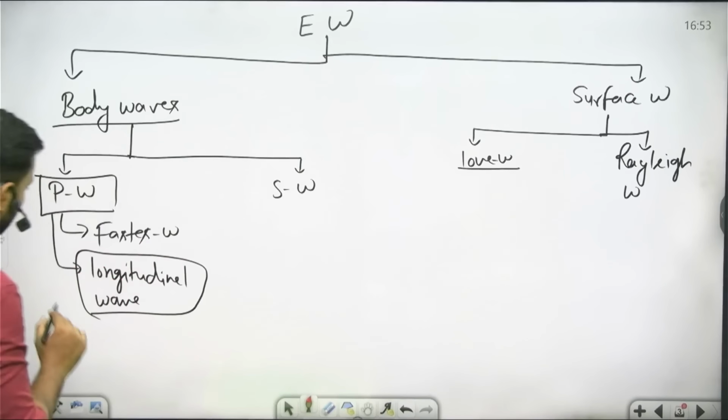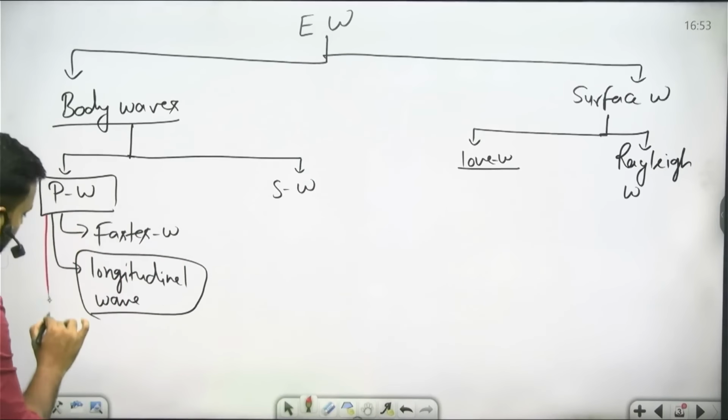So the property here is that the P wave behaves like a sound wave, and because a sound wave has the stretch and squeeze property, the P wave also has the stretch and squeeze property. तो ये stretch and squeeze करता है.